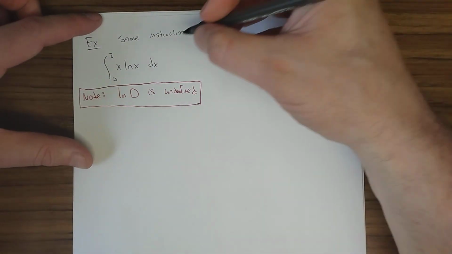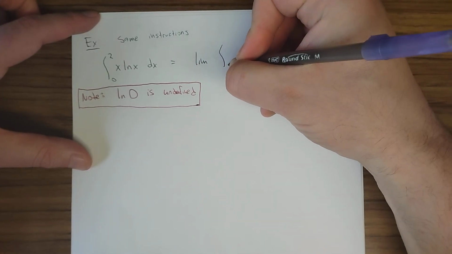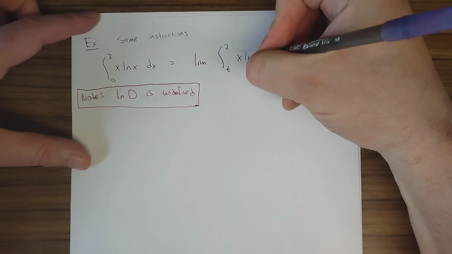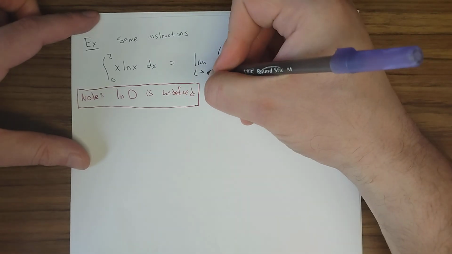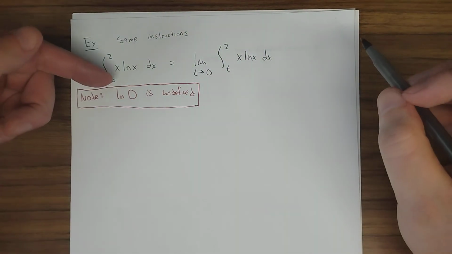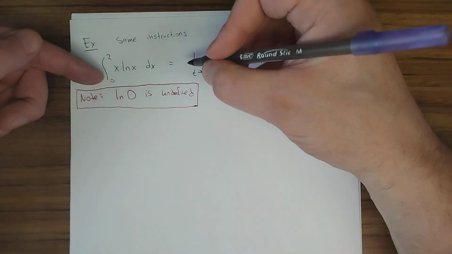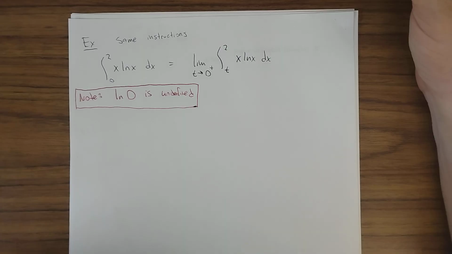So I replace the problem with t and do the limit as t goes to that. And again, this is the lower endpoint. I'm going to consider values of t that are in between 0 and 2. In other words, I'm going to go to 0 from the right.